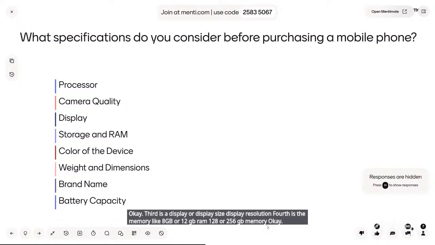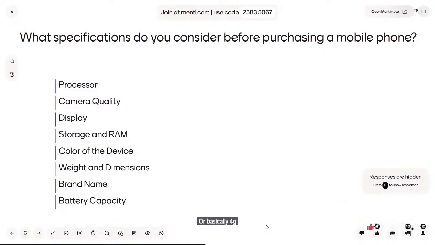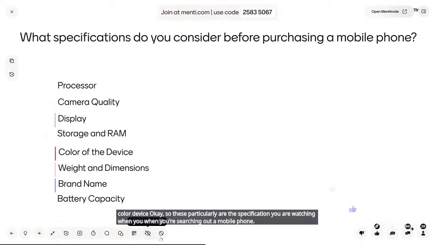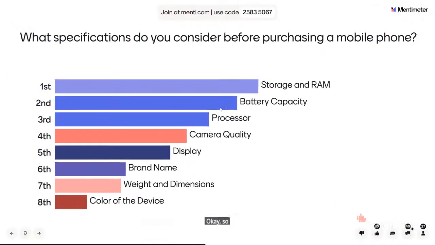After that you look at other features like Bluetooth, Wi-Fi, NFC, or 4G and 5G connectivity. After that you look at the device color. These are the specifications you watch when searching for a mobile phone. Everyone is important, but the main ones are storage and RAM.